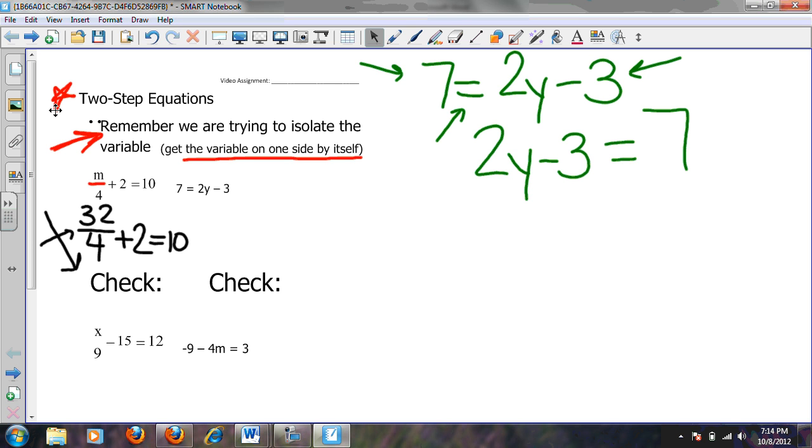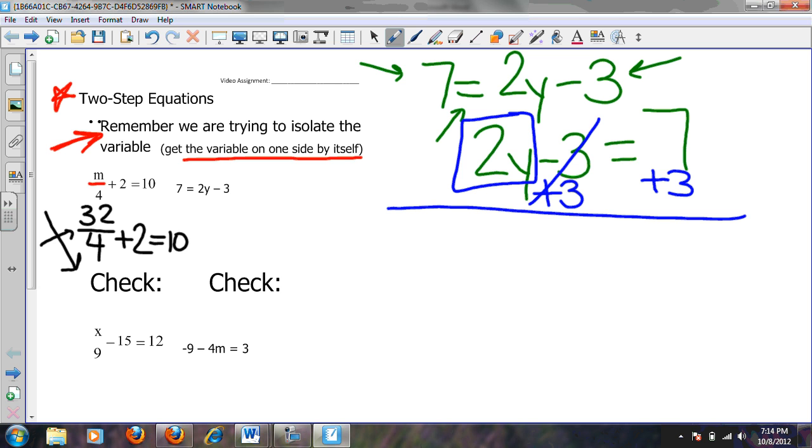Again, we're trying to isolate the variable. Here's my variable. So since 2y is together minus 3, the inverse of subtracting 3 is adding 3. Remember, I do the same thing to both sides. I'm left with 2y equals 7 plus 3 is 10. 2y signifies I'm taking 2 times y, a number I don't know.